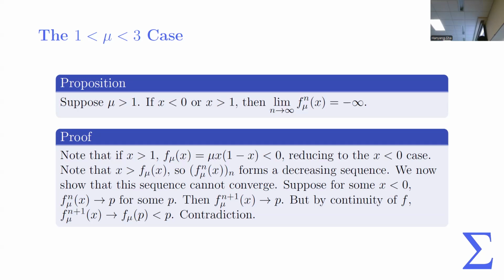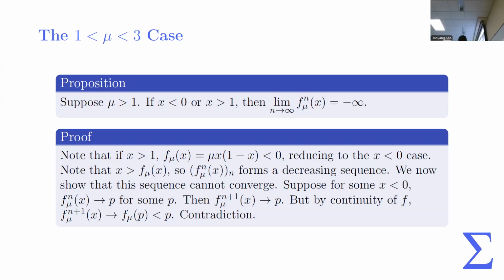This is 0, this is 1, and the function looks something like this, an upside-down parabola, right? What this means is that if you are to the right of this point or to the left of this point, so greater than 1 or less than 0, then eventually the orbit of x goes to negative infinity.